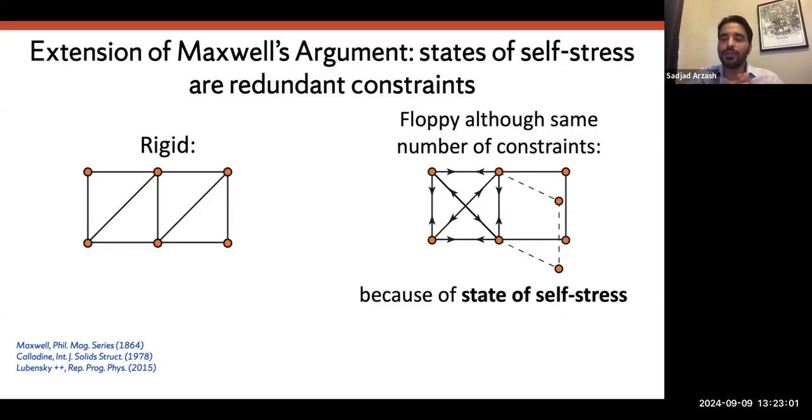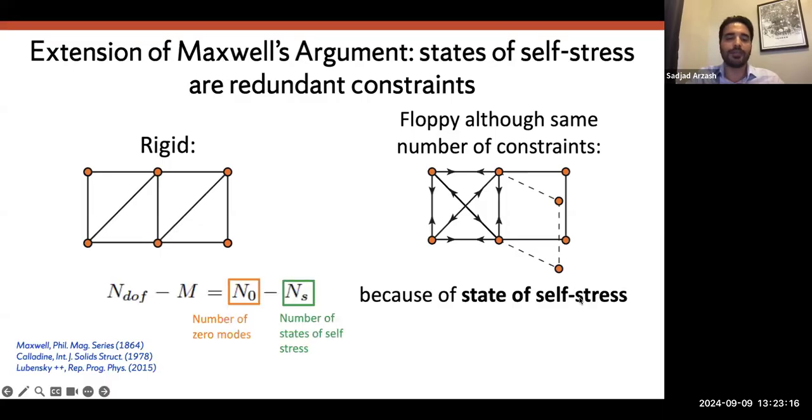That's due to the emergence of these states of self-stress, because we added this constraint on the same square here, so we introduced a state of self-stress, and that's why we have this zero mode in the system. So the extension of Maxwell's counting argument is that the number of degrees of freedom minus the number of constraints should give us the number of zero modes or floppy modes in the system minus the number of states of self-stress.